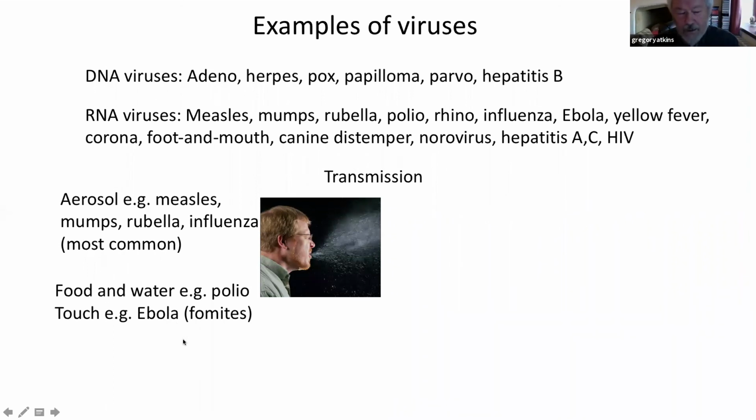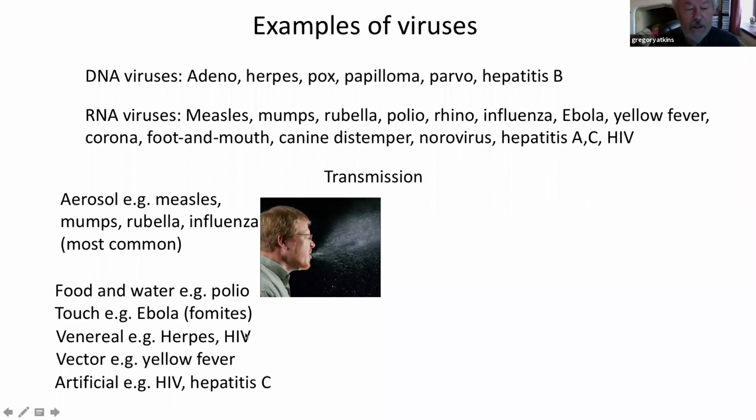So, as you can see, some viruses might be transmitted in more than one way, but usually there's a main mechanism of transmission. Then there's venereal transmission, and we all know about human immunodeficiency virus that causes AIDS, transmitted venereally. Herpes virus is another one that's transmitted venereally.